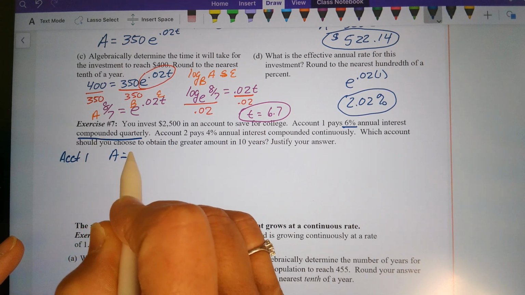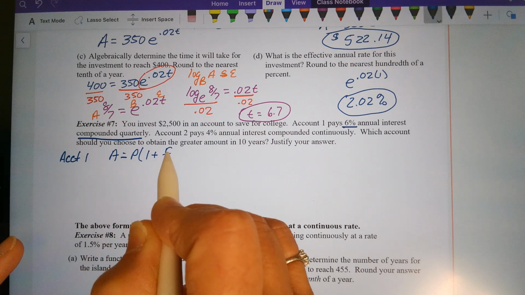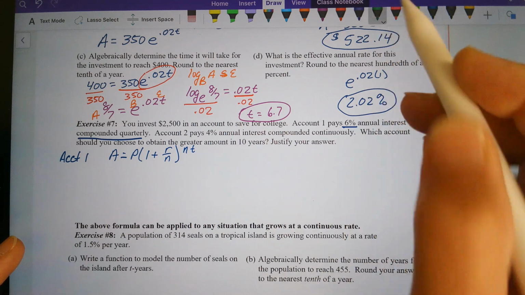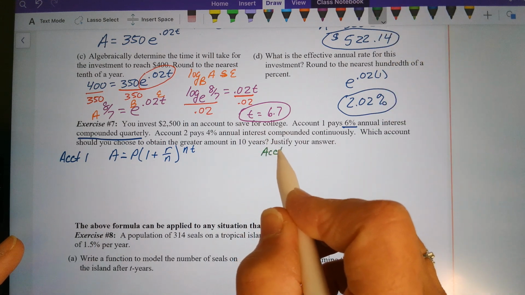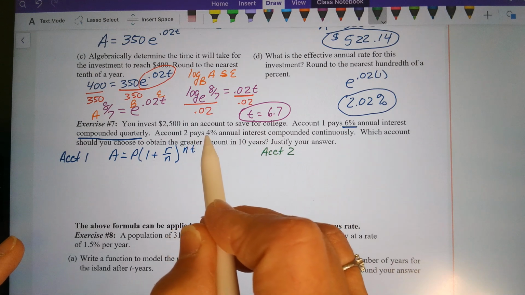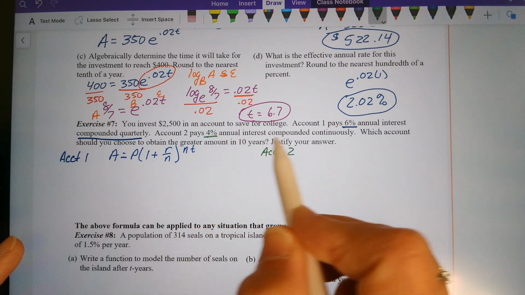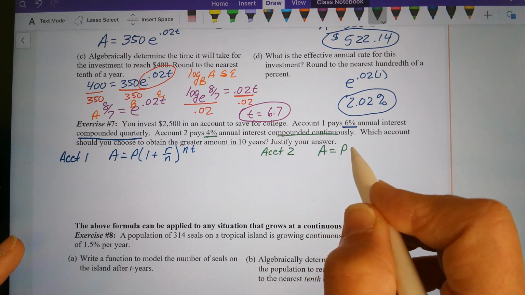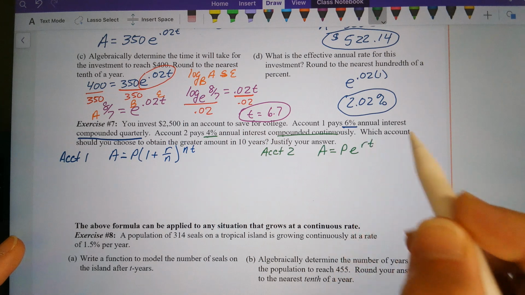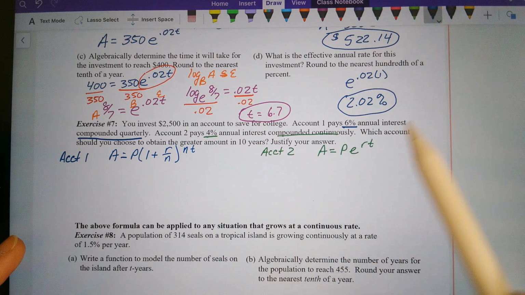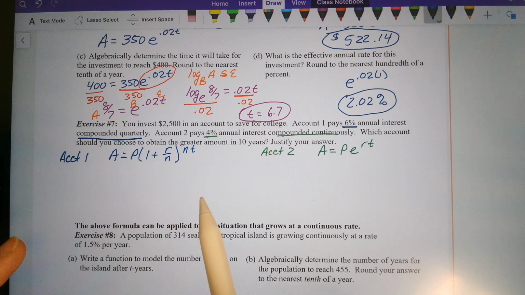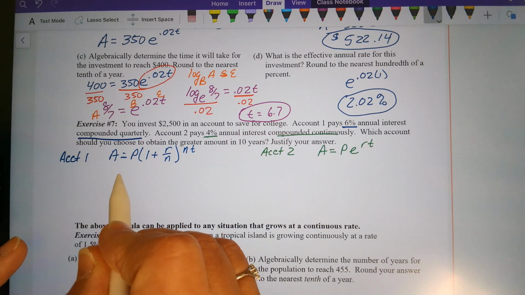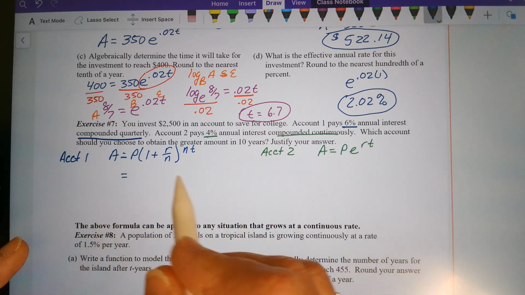It uses A equals P times 1 plus r divided by n raised to the nt, and then account 2 pays 4% annual interest compounded continuously. So this uses A equals P times e to the rt. Which account should you choose to obtain the greater amount in 10 years? Justify your answer, so we'll be justifying it with our calculation.